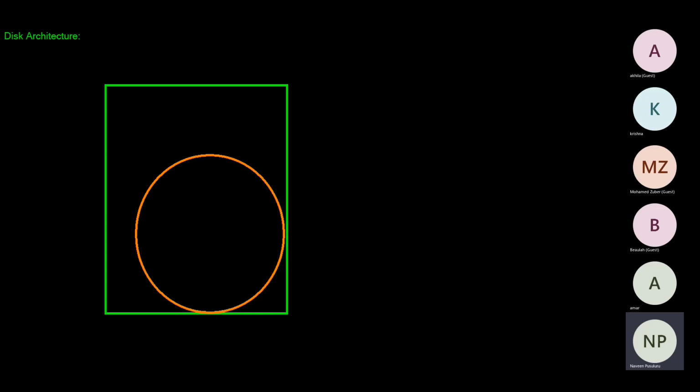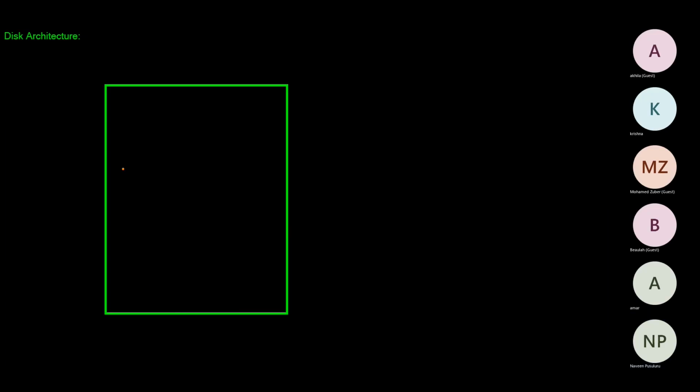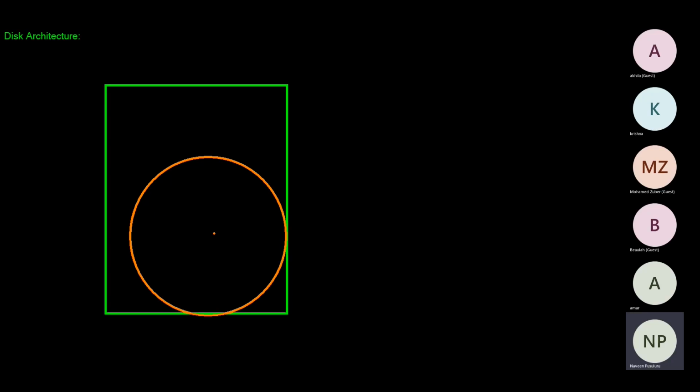In the middle of the circular component there will be a supporting component, which we'll call the shaft. With the help of the shaft only, this circular component will rotate.